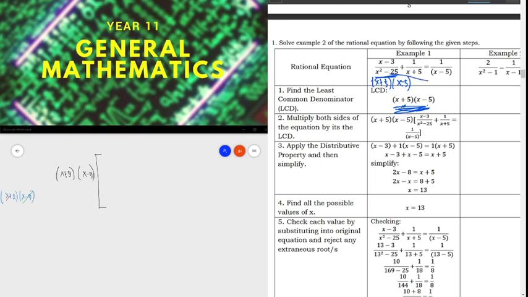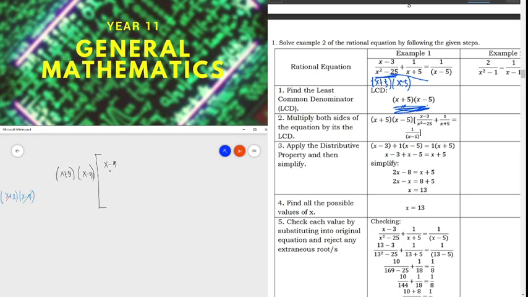So we have here x minus 3 over x plus 5 and x minus 5. That's why I told you that it's easier if it is already factored. Then 1 over x plus 5 is equals to 1 over x minus 5. Okay? So here we also have x plus 5 and x minus 5.